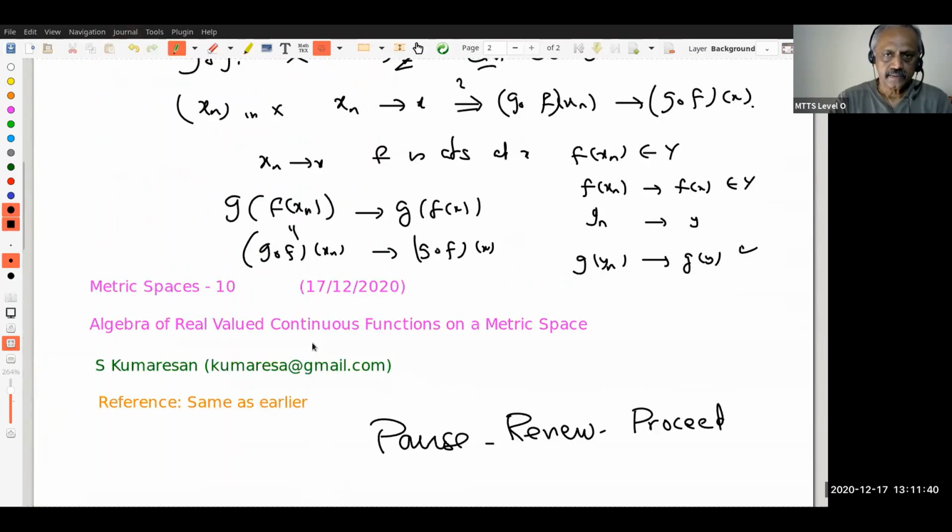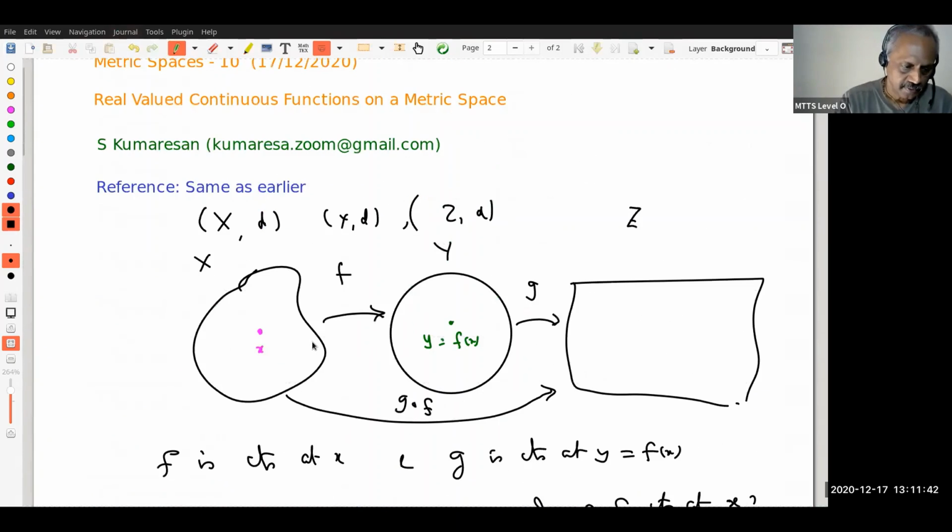Okay. See, most of the time, what students don't appreciate, I've seen it even at faculty level, is that composition is a fantastic trick. If you want to show something about a function, one of the easy ways is to see whether it is a composite of some easier functions.